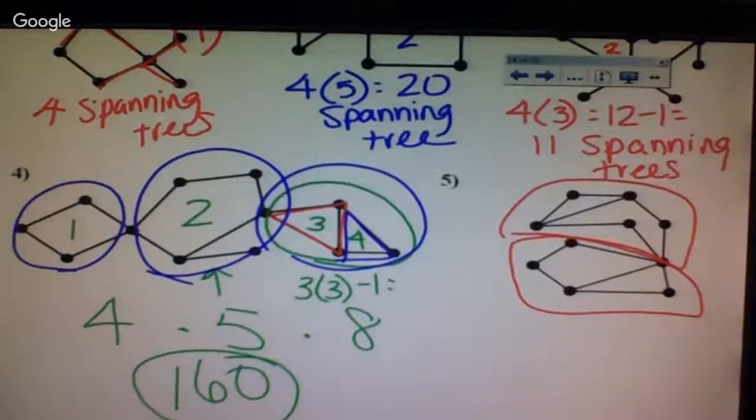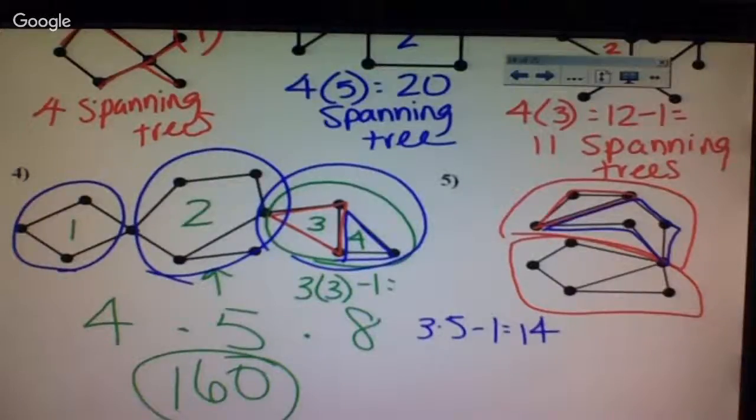So here in this one, I would do what times what? 3 times 5. Careful. 1, 2, 3, 1, 2, 3, 4, 5. So 3 times 5 minus 1, 14. So I have 14 different ways that I can do the top 2.